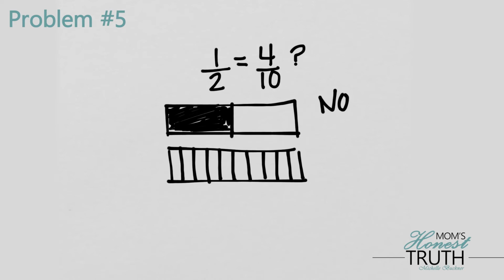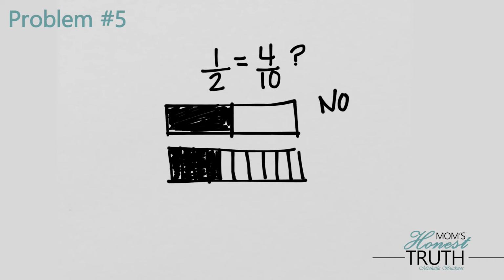And we need 4 parts out of 10, which is our whole. So 1, 2, 3, 4. Let's color it in a little bit better. And you can see that these fractions are not equivalent.